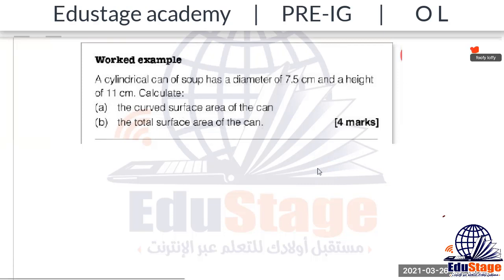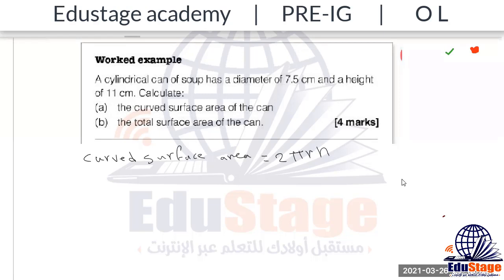Guys, we know that here the curved surface area is 2 pi r h. 2 pi r times h. That is the curved surface area.